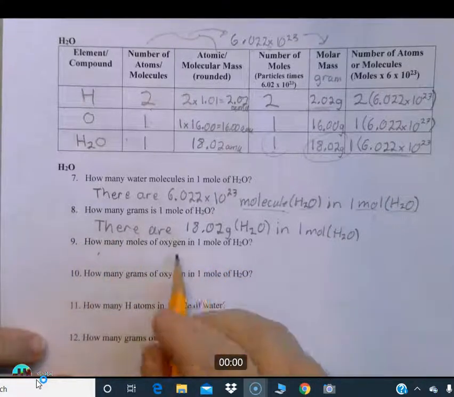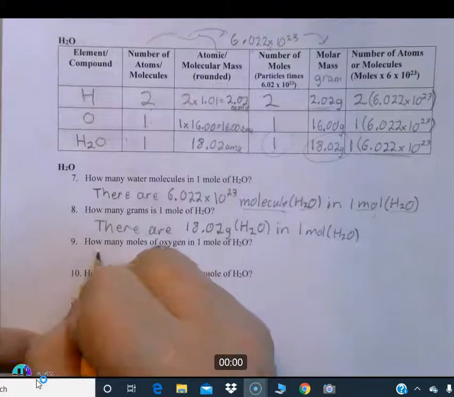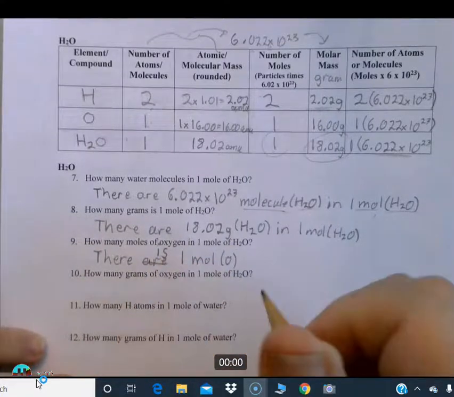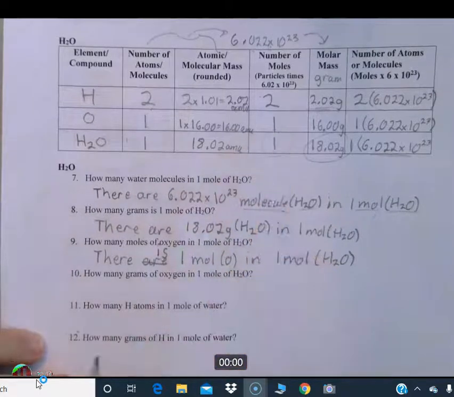How many moles of oxygen in 1 mole of H2O? So for every mole of H2O, you need 1 mole of oxygen. Okay, so 1 mole to 1 mole.